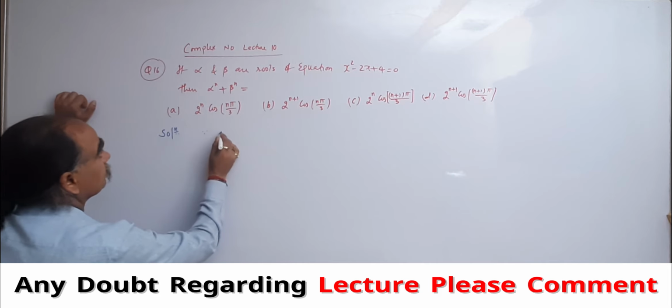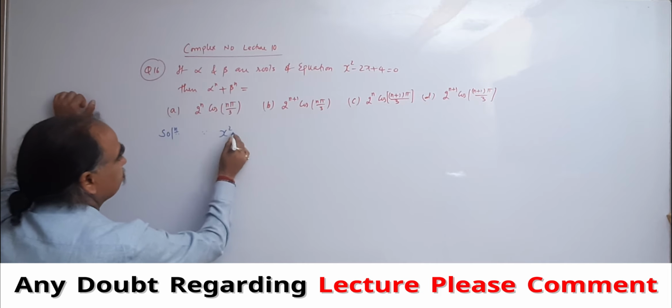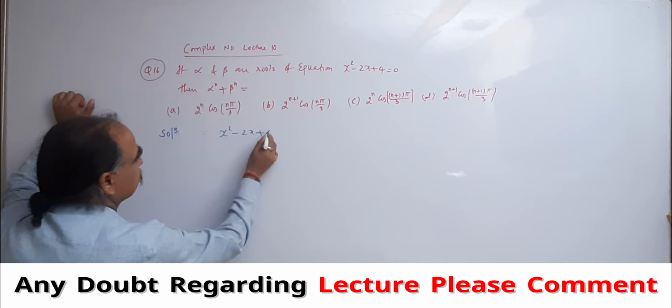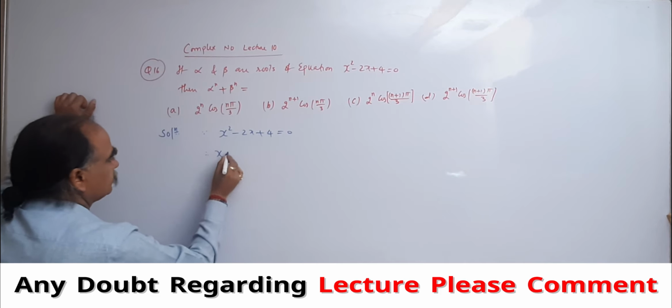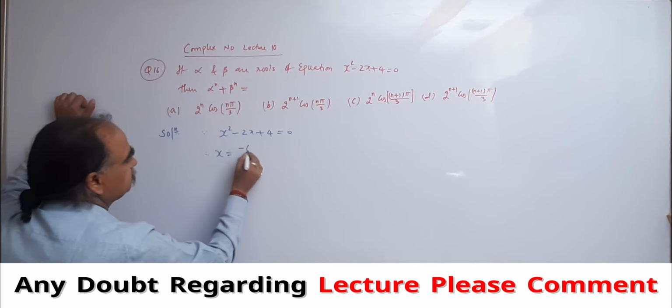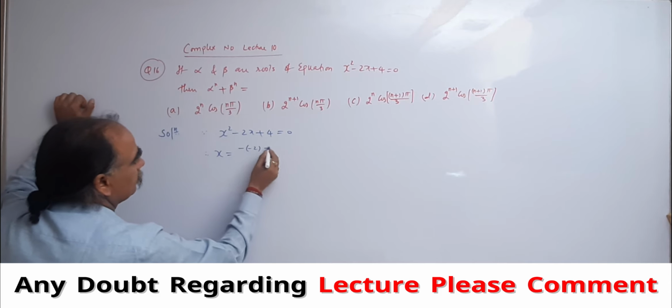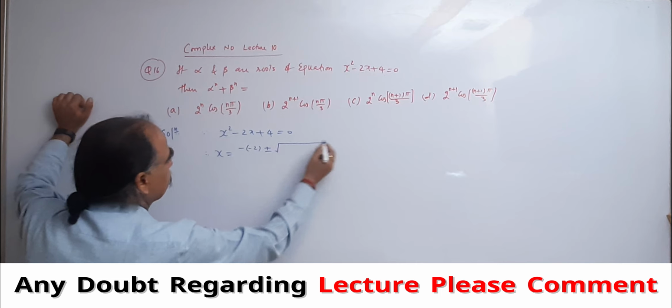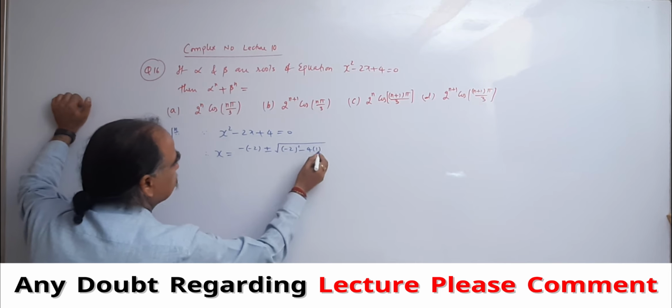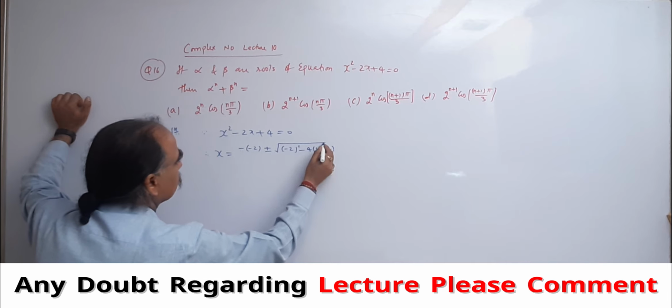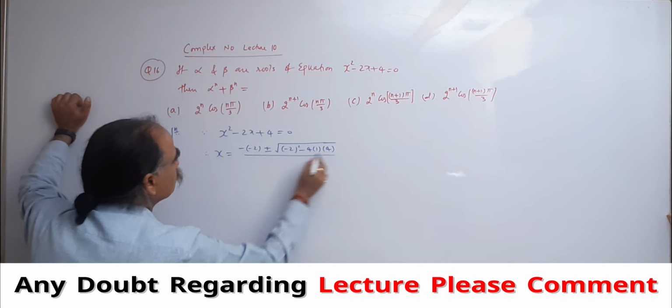Since x squared minus 2x plus 4 equals 0, x is equal to minus b plus or minus root of b squared minus 4ac, upon 2a.